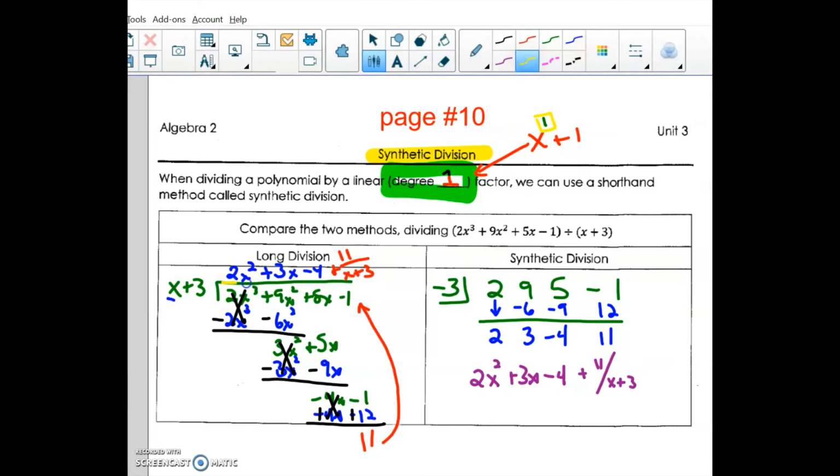And so we had the same answer whether we used long division or synthetic division. So that's the comparison of long division to synthetic division. In the next slide, I'll show you how to set up synthetic division and use it.